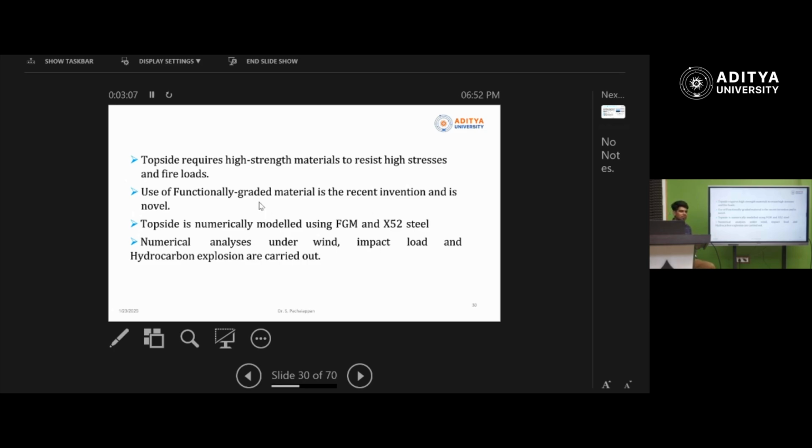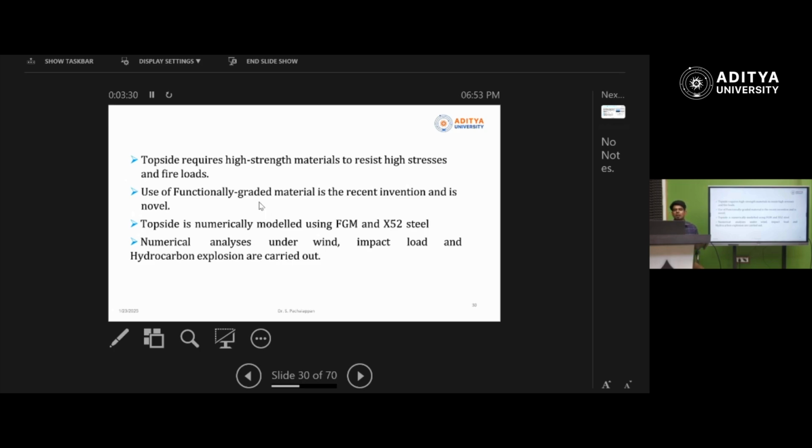So we look for a material which can resist higher pressure and higher temperature, which gives higher resistance to corrosion, and which offers good weldability. All these parameters we need in a single material. That is the reason we go for a functionally graded material. That's why it is called a novel material.